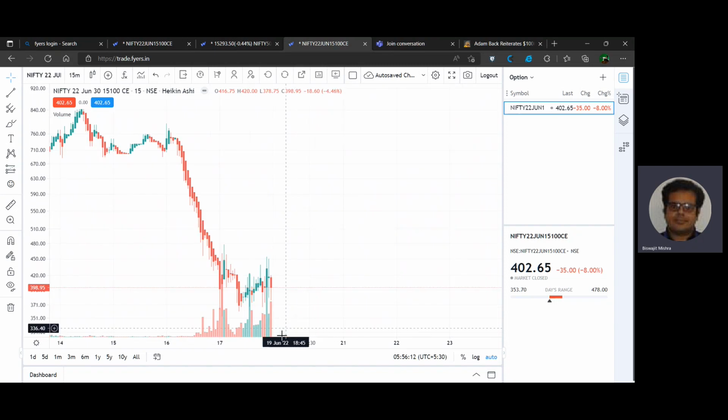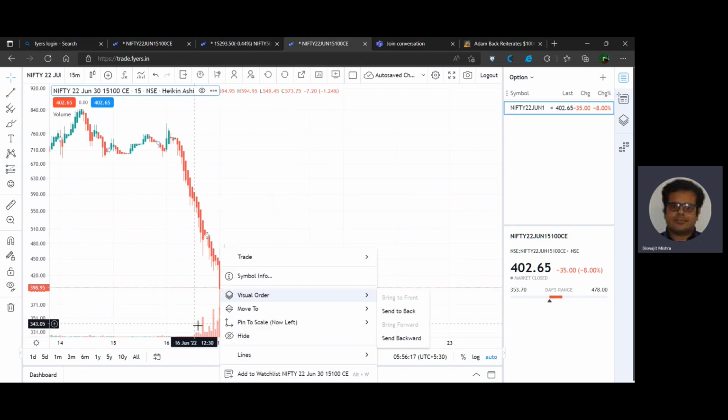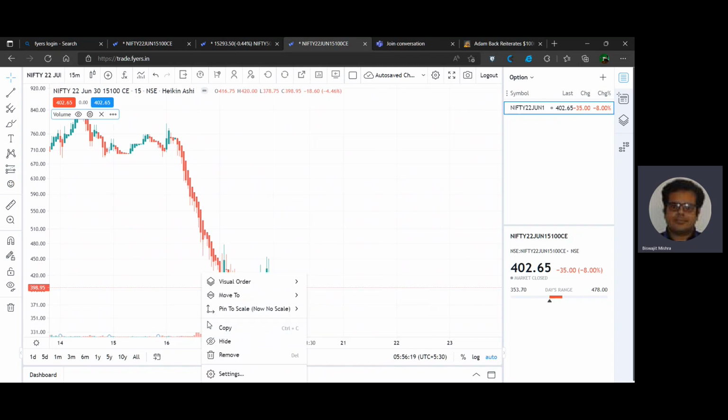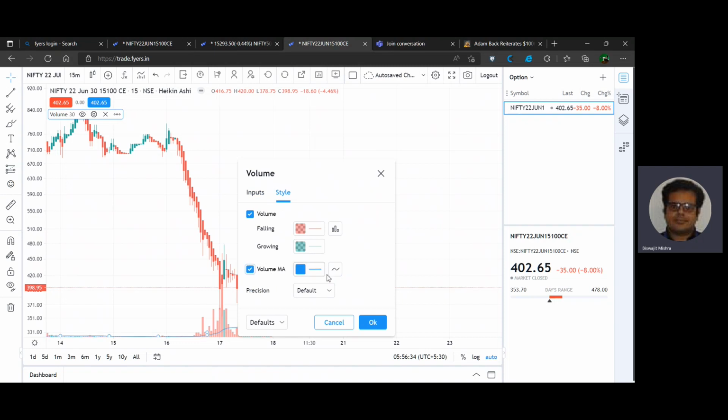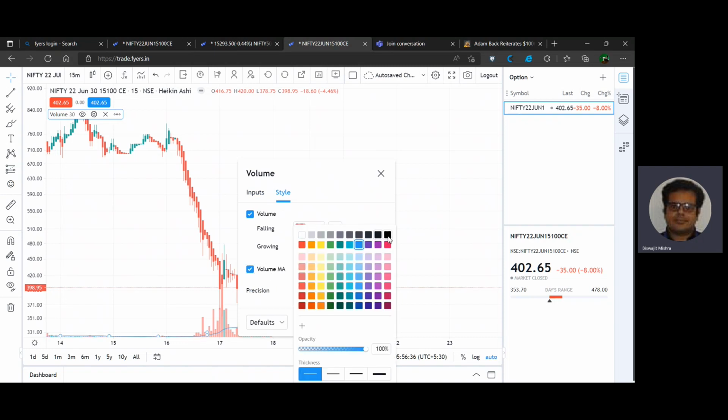Now, coming back to the volume, in the volume, there is one more indicator that we can include, and just simply right click on it and then go to settings, something called MA length. MA stands for moving average length, and we keep it here 30 or 20. And style is, of course, we'll keep it line so that we get a better view.